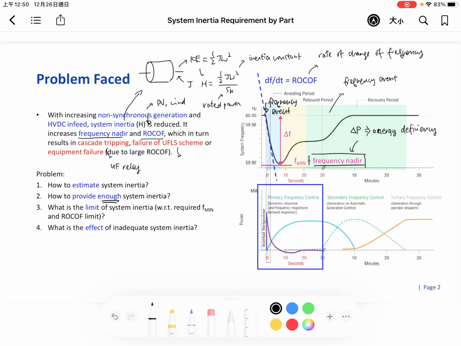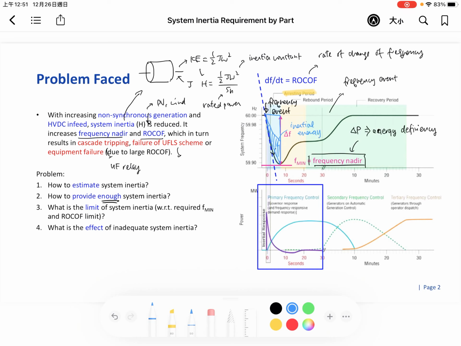The frequency drops, and as highlighted, the first area in blue is what we call the arresting period. We try to fill it up with the inertial energy.